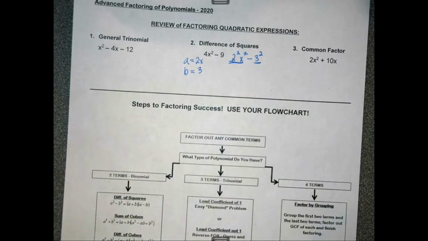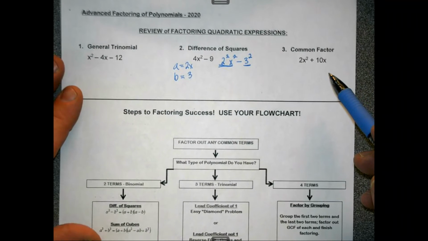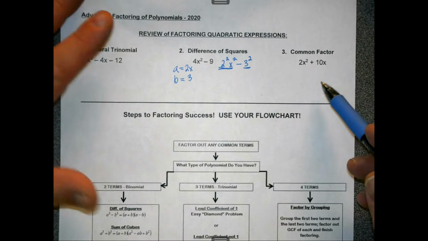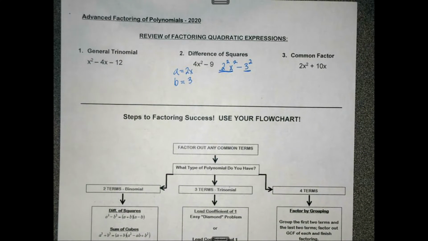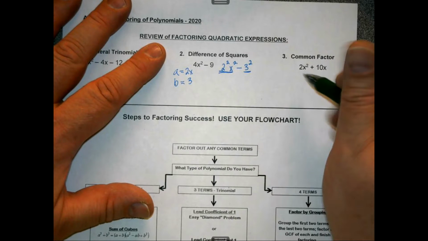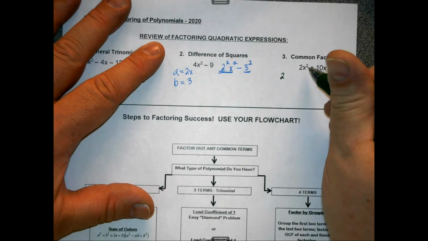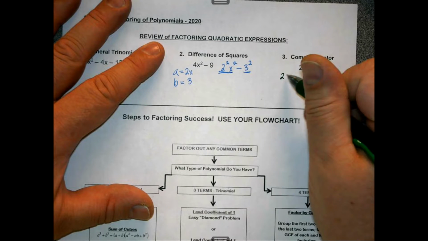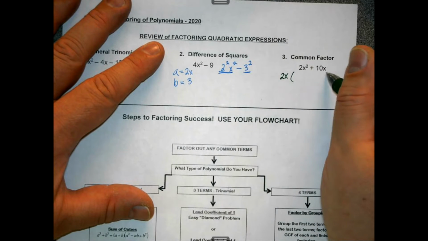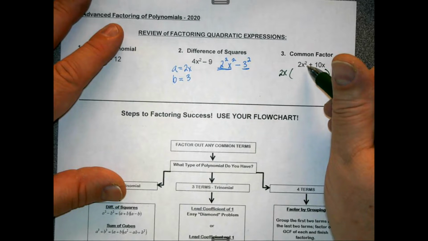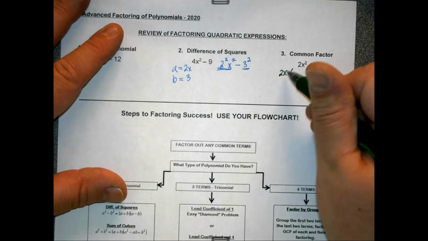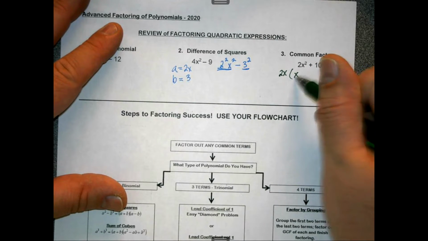And of course, the one that students always miss, and sometimes even myself, factoring out common terms first. Look at the numbers. You can take out a factor of 2, and look at your variables. In this case, I can take out an x.